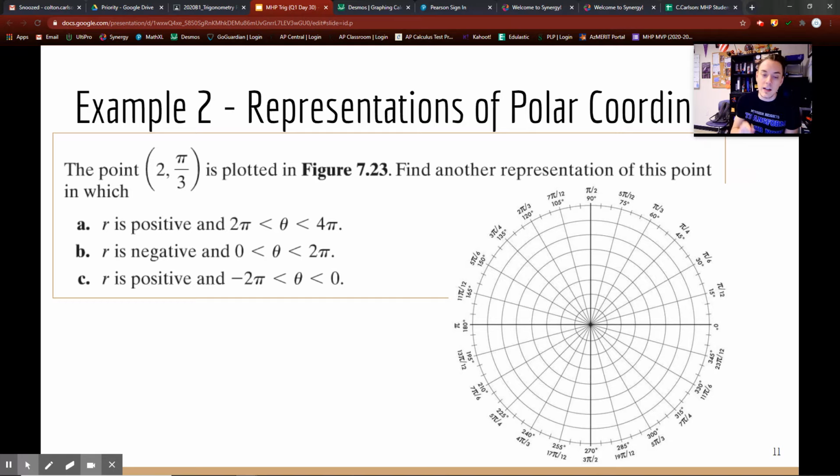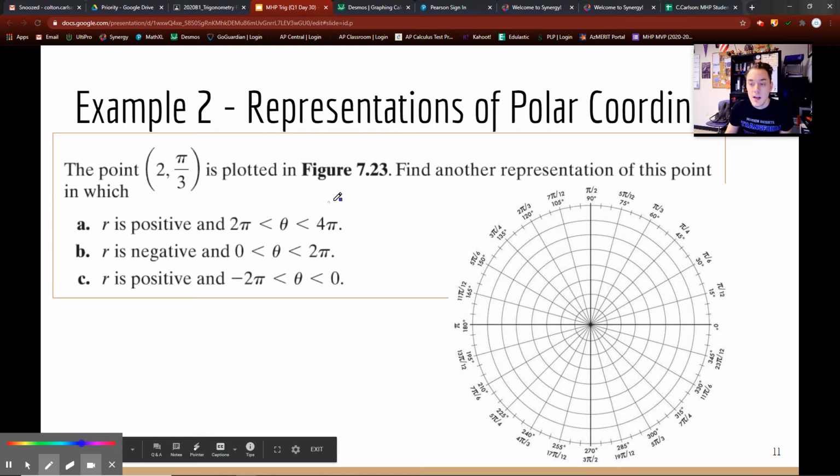Now notice on Math Excel, they're giving you something like this. What they're going to be given, okay, is your angle measures, or your intervals. So 2 pi to 4 pi, 0 to 2 pi for B, and then negative 2 pi to 0. So they give you those intervals. Okay, just to let you know that these are also written like this oftentimes on Math Excel.